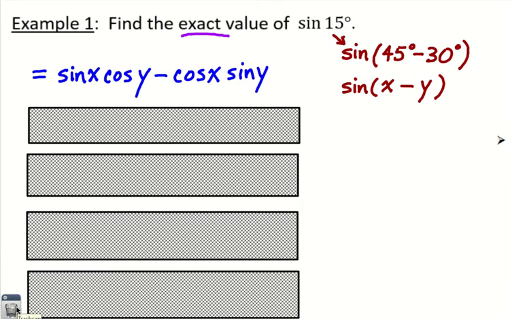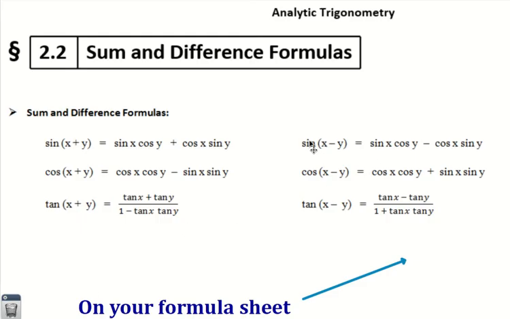So we can pretty much treat the 45 degrees as the x, or angle number one, and we can think of the 30 degrees as the y, or angle number two. Once you rewrite this like this, you could rewrite it as this, because that's what the formula says, that this is equivalent to this.